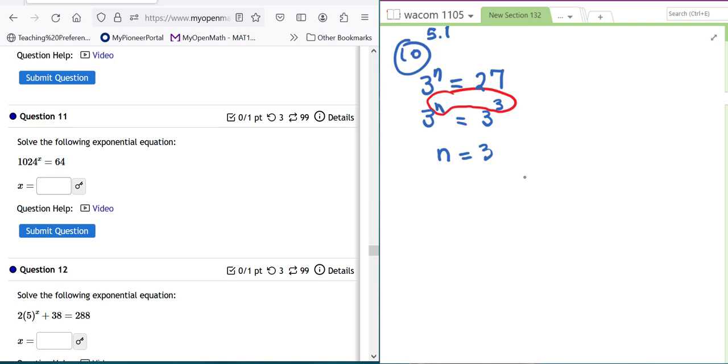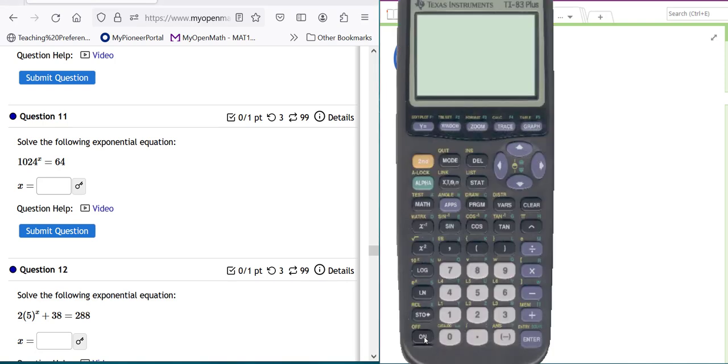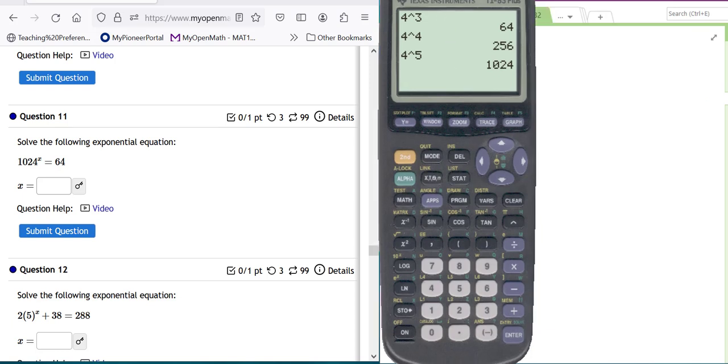I know we can do 4 for 64. So let me try with our calculator and see if we can do 4 to some power. So we're kind of playing a little bit. So if we do 4 to the 3rd, that gives us a 64. Let's see if we try 4 to the 4th, what we get. It's going to be big pretty fast. 4 to the 5th. All right, so we have a candidate here. Okay, and that's what you have to do is just play a little bit.